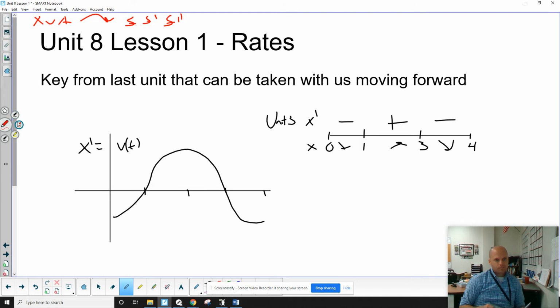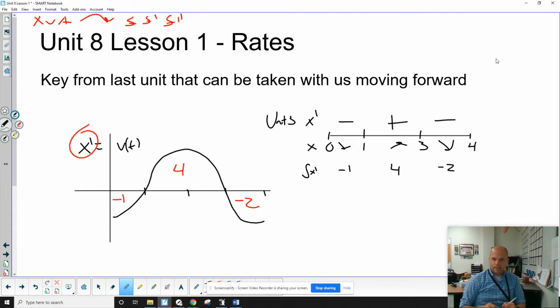But if we have areas under our derivative, the areas under our derivatives tell us how much we're going down and how much we're going up.